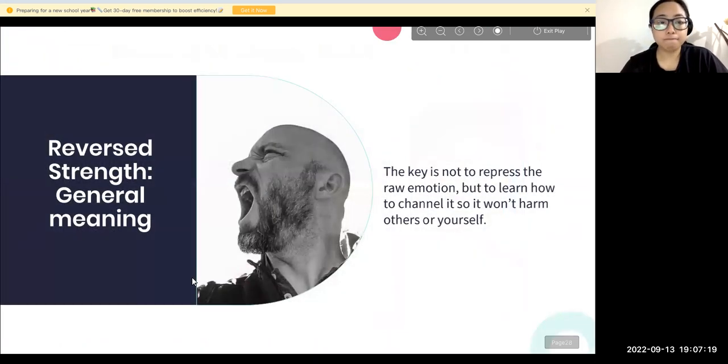So slow down in whatever you're doing. Don't suppress or repress the emotions that you have. Learn to channel that. As I just said, learn to channel. You're so angry. I'm not telling you not to show that anger. I'm saying channel that anger in a way that it's not harming you and it's not harming anyone else. How do you do that?